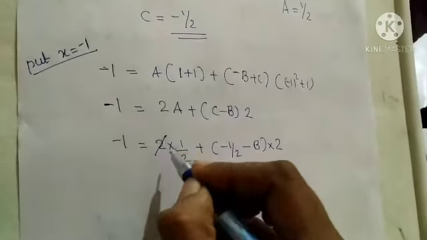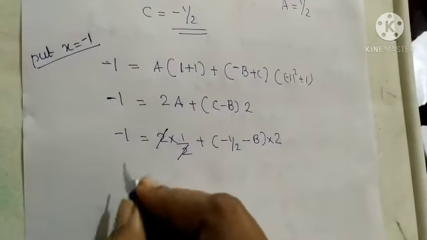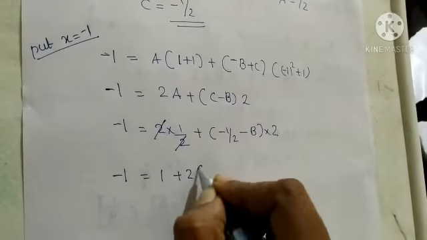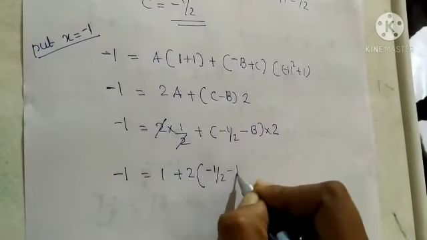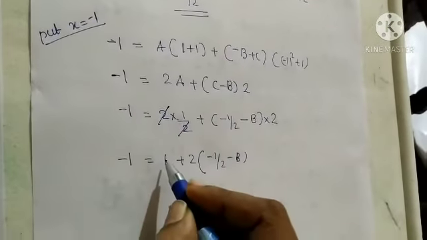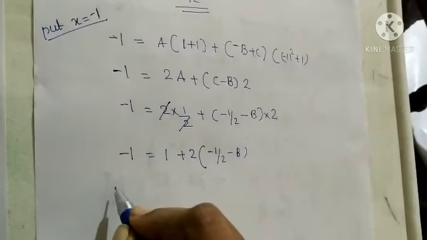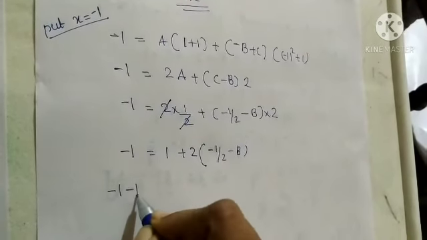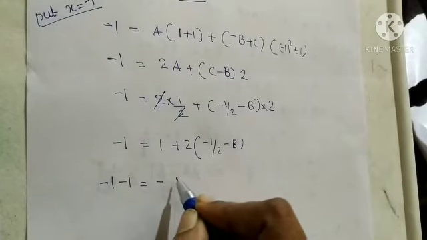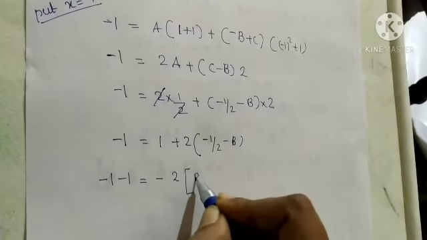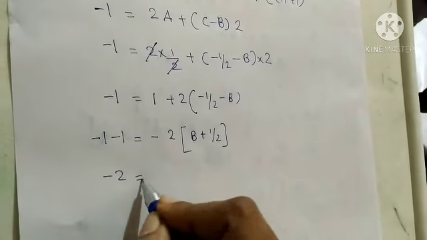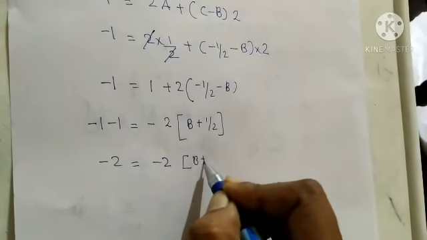Right, so cancelling these 2, here we get minus 1 equal to 1 plus 2 into minus 1 by 2 minus b. Right, next step I am going to take this 1 to LHS. It will become minus 2 equal to, in this term minus is common, so taking this minus outside, here we get minus 2 into b plus 1 by 2.